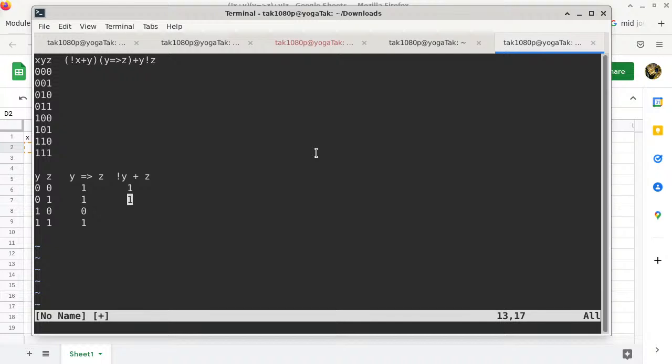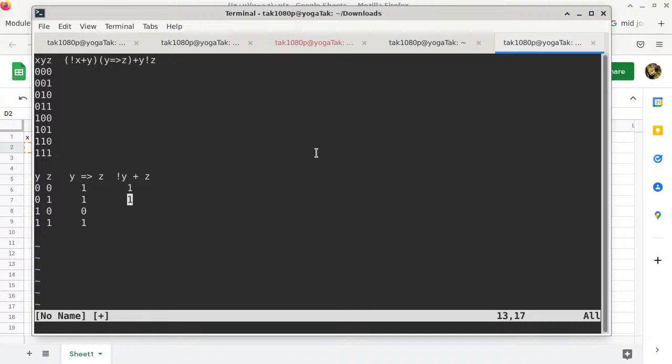Does that make sense? Because they both start with not y, and since for the first 2 rows y is false, not false is true, I only need one side of a disjunction to be true for the entire thing to be true. So that's why I can determine the values of the first 2 rows already, not a problem.